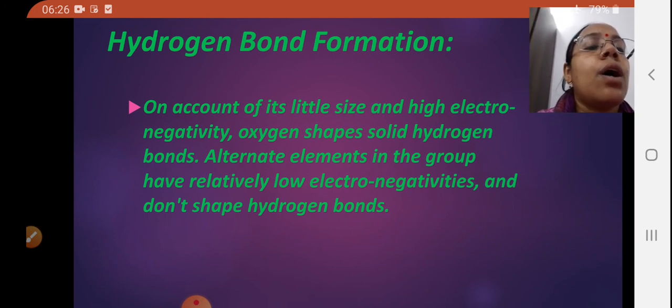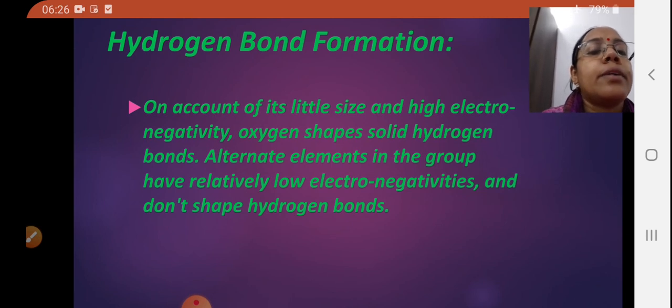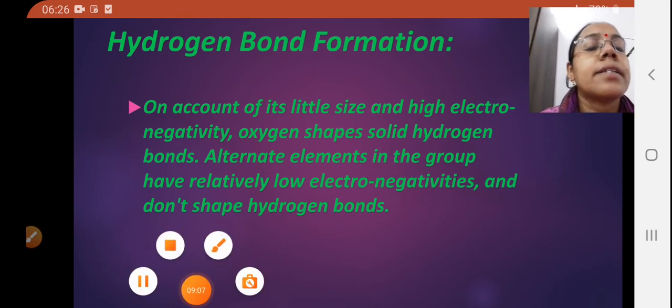Now the other elements which have low electronegativity and relatively large size don't form hydrogen bonds when reacting with hydrogen.